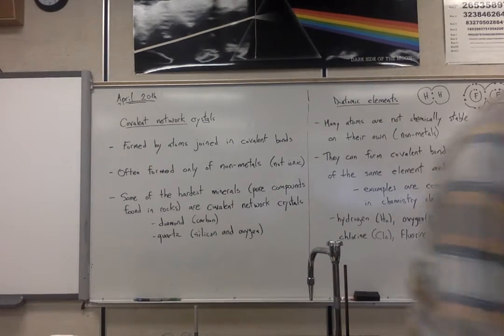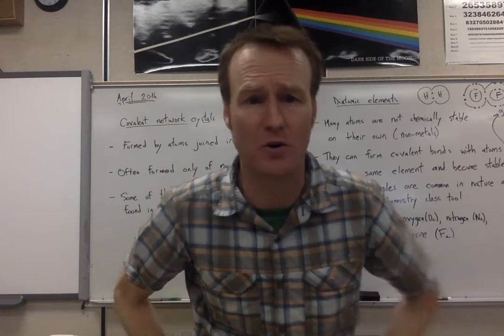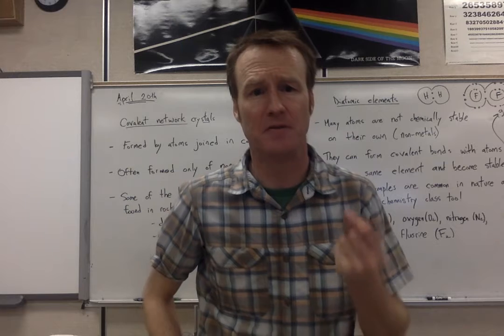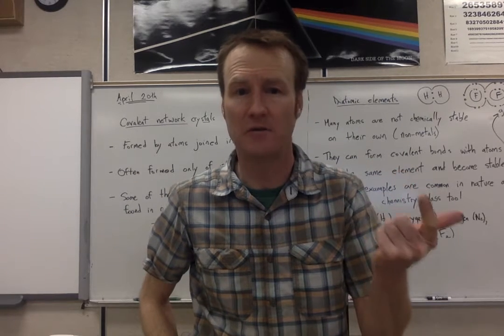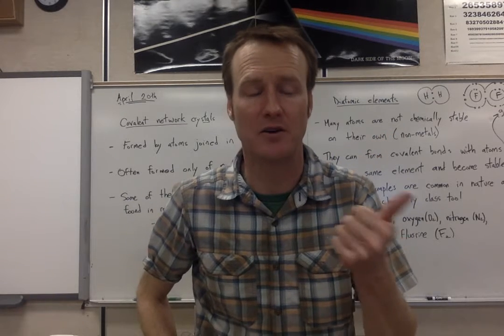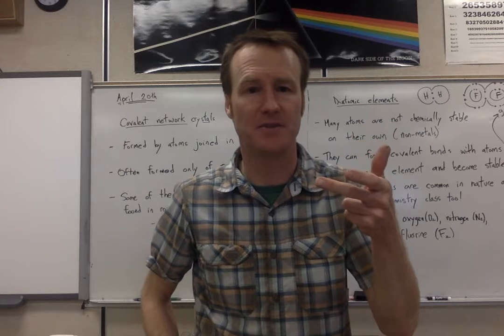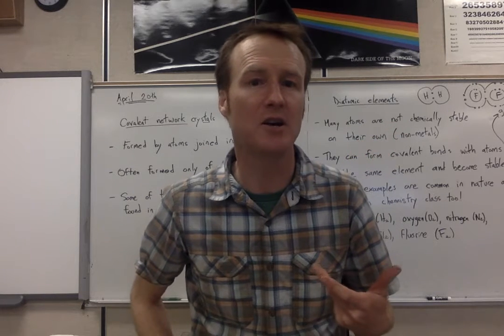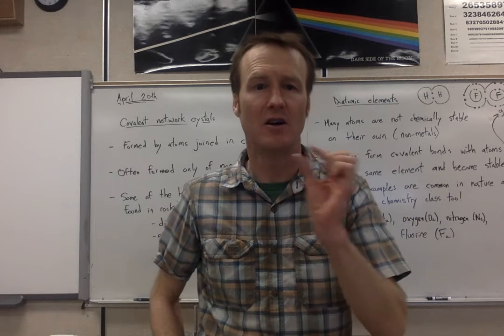The elements that are involved there are not carbon. There's no carbon in a quartz crystal. Quartz crystals are made of two elements, silicon and oxygen. In fact, for every single silicon atom in a quartz crystal, there are two oxygen atoms. So what's called the molecular formula is silicon dioxide, SiO2.